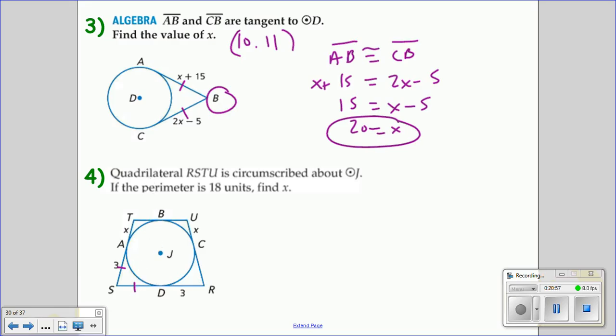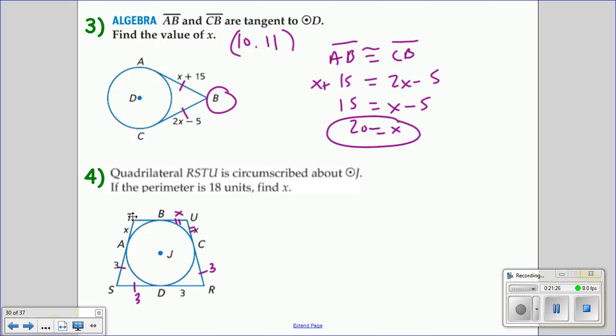So this is also going to be 3. The same idea could be used for DR and CR. They're congruent, so CR is 3. UC and UB are congruent, so BU is going to be x.